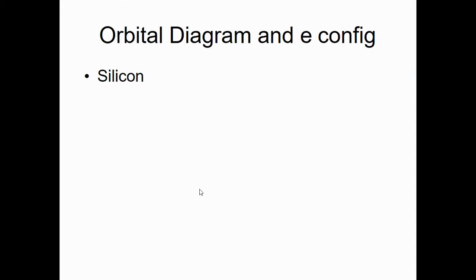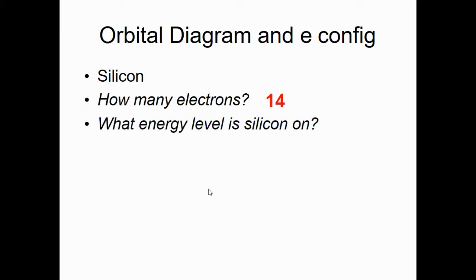We'll now do silicon. For silicon, the first thing you need to ask yourself is how many electrons does silicon have? When you find it on the periodic table, you see that it has 14 protons. We're talking about neutral atoms, so it has 14 electrons as well. What energy level is silicon on? That's a good thing to ask yourself. What is the very last thing that I should fill?